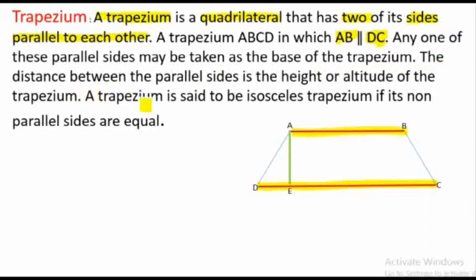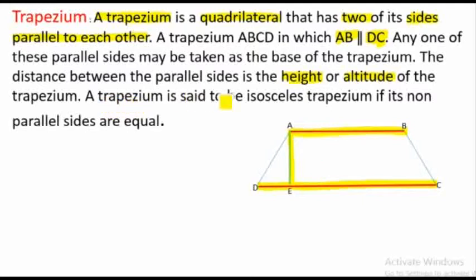The distance between AB and DC, the parallel sides, is the height or altitude. We can see here this AE is the height of this trapezium.